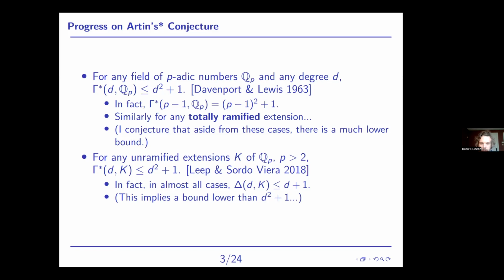That is to say, there is a degree, in fact, for every Q_p, where this bound is an equality. Specifically, when d is equal to p minus 1, where the p is the p in Q_p, you have equality.